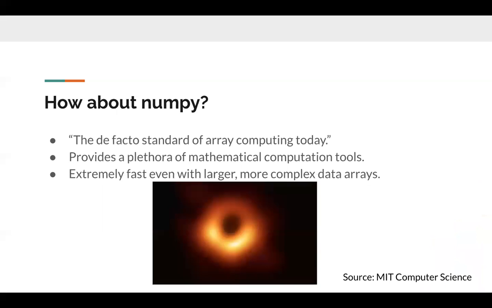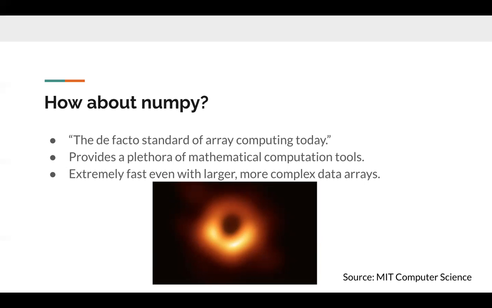What about NumPy? NumPy is another package, a Python library, that allows you to do some really intricate computing with large arrays. This quote actually sums it up really well: the de facto standard of array computing today. NumPy is vast and very easily utilized as well, I would say, but it allows for some opportunities that you wouldn't have otherwise.